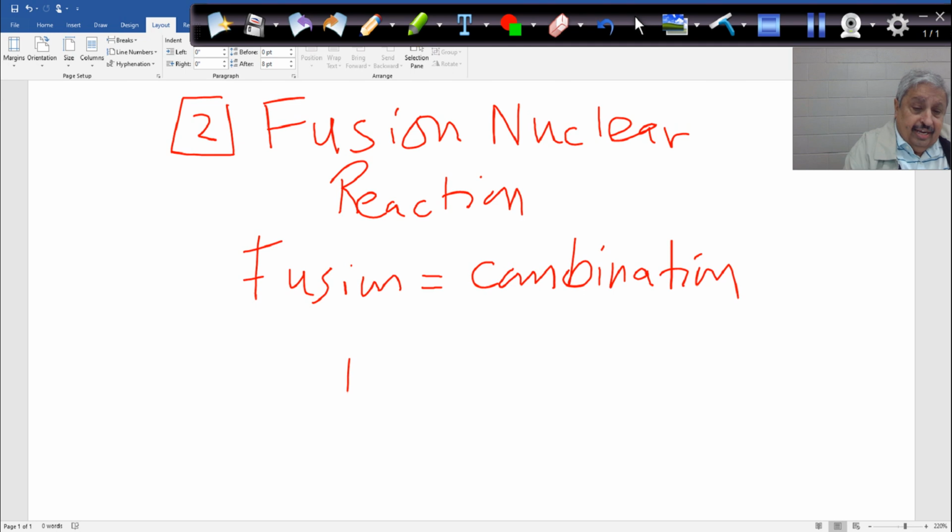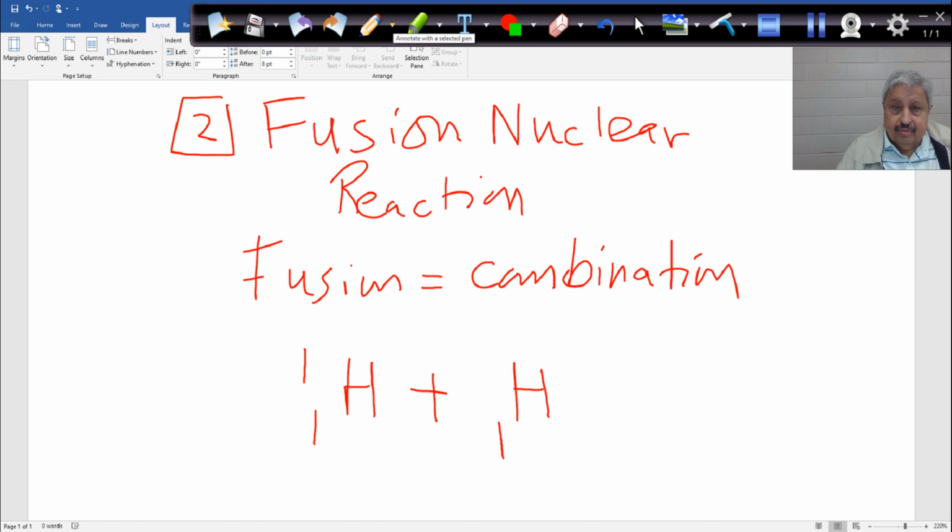So if I have protons here, there are too many protons, and protons will react with other protons. We can take 2 and then multiply this one by 2.